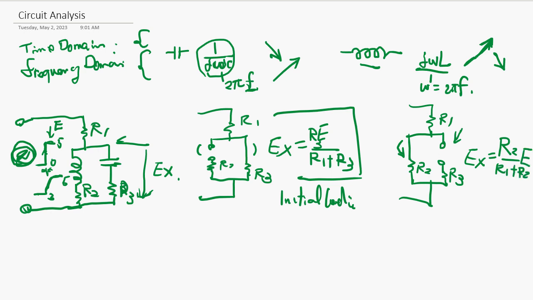Okay, so we can tell when you have a step function, initially the voltage is going to be this, say we call this Ex1 and Ex2. So it's going to be Ex1, then it ends up with Ex2.